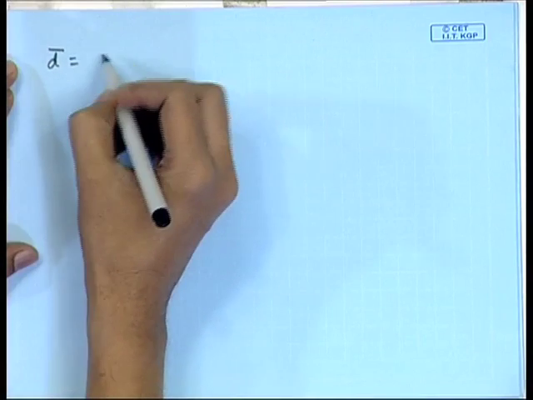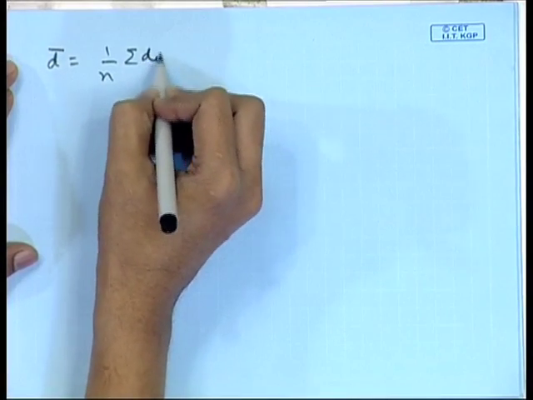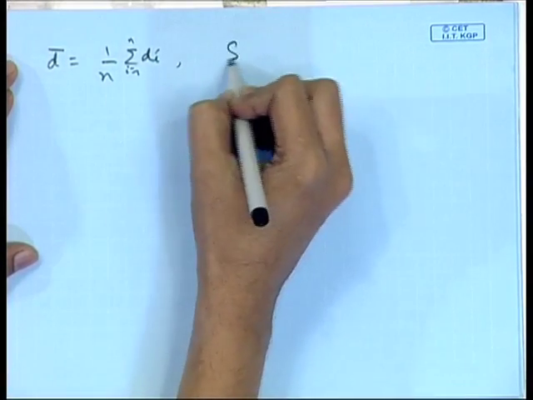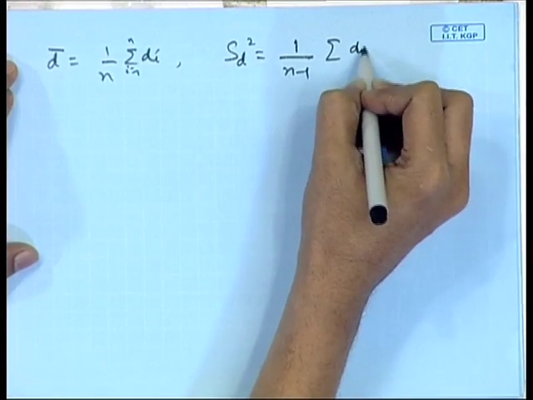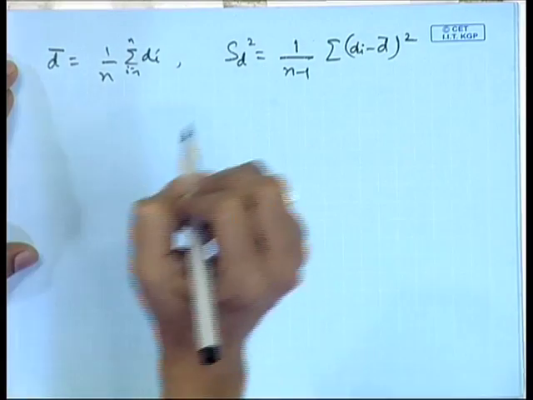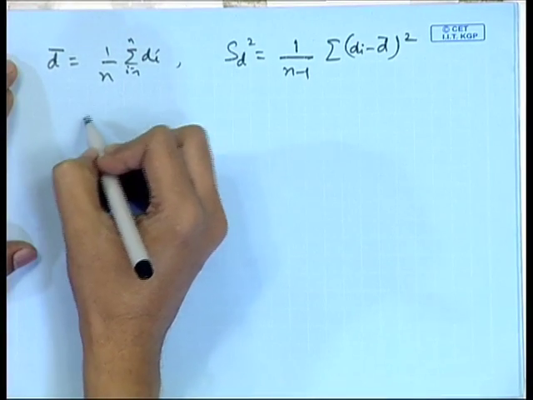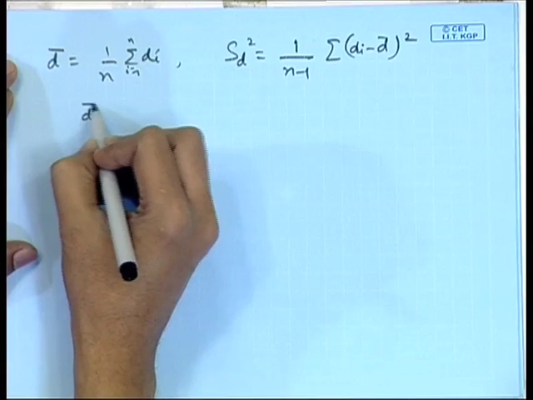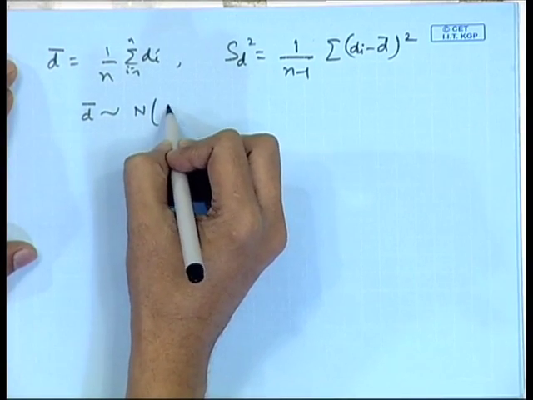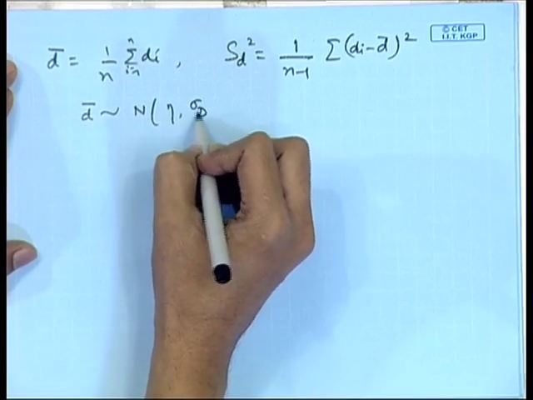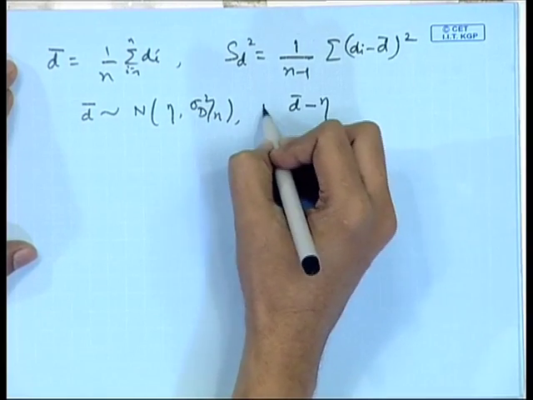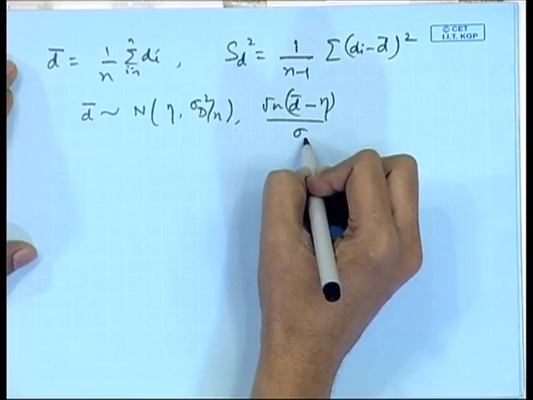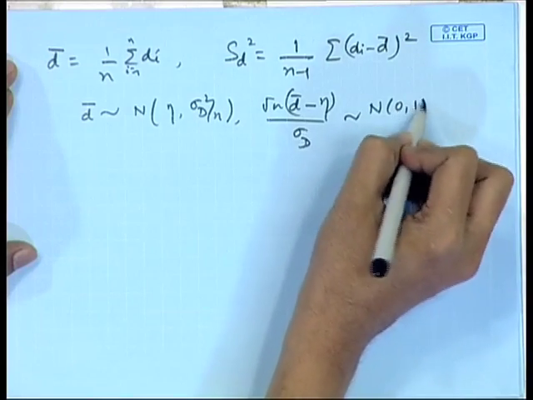So, we can consider d bar as 1 by n sum of d_i, i equal to 1 to n, and we consider S d square as 1 by n minus 1 sum of (d_i minus d bar) whole square. If we look at this, then d bar follows normal(eta, sigma d square by n), and so sqrt(n)(d bar minus eta) by sigma d follows normal(0, 1).